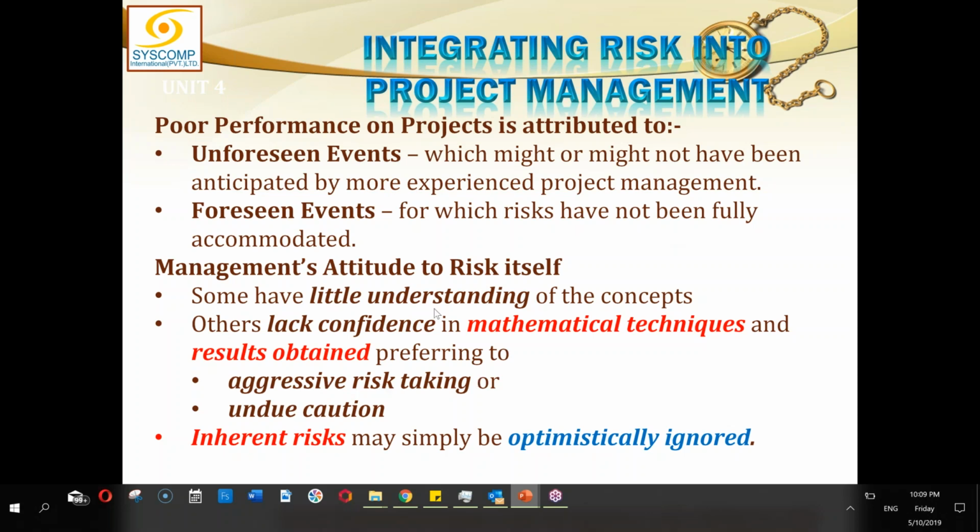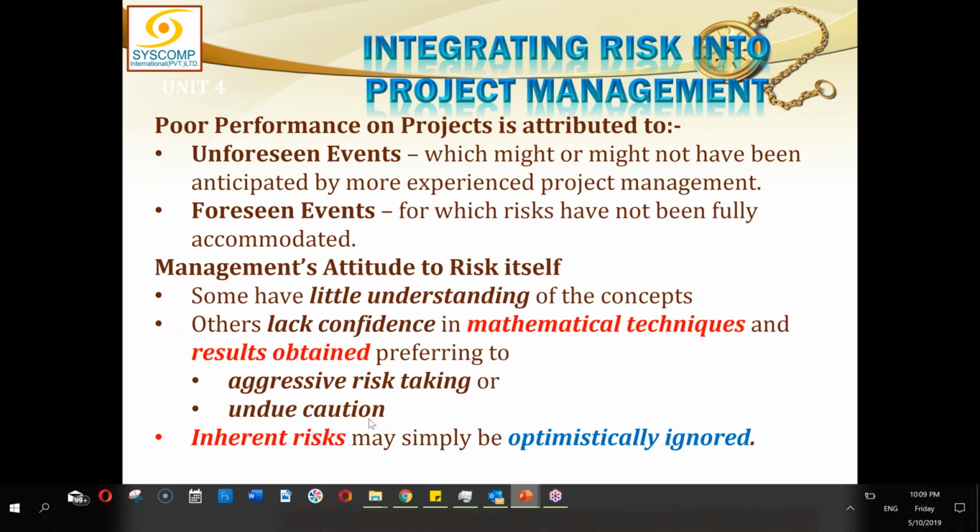Management's attitude to risk itself: some have little understanding of the concept. In most cases, people do not understand the risk. Management is not really bothered about it. They are not concerned much about the risk, so they have no understanding of it. Others lack confidence in mathematical techniques. This also we talked about, that they don't trust the calculations and results obtained, preferring rather to go for aggressive risk taking or undue caution.